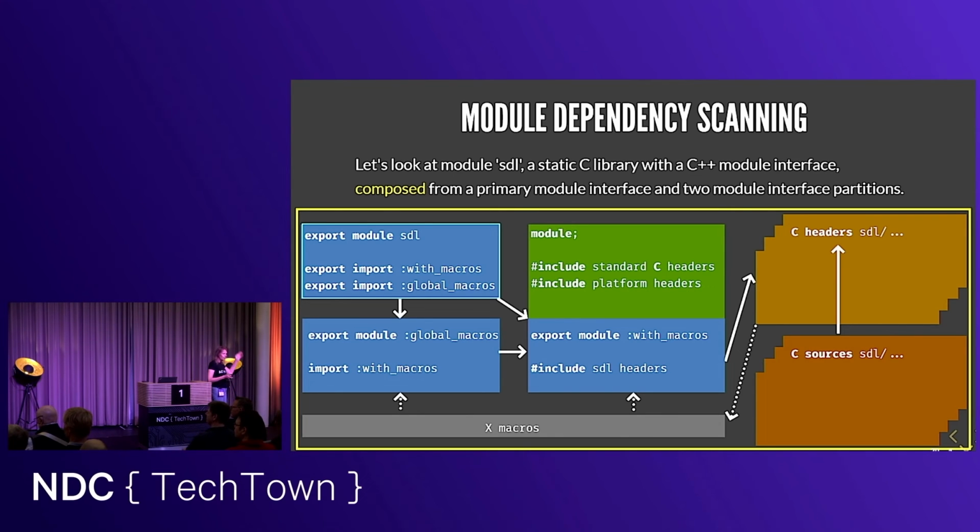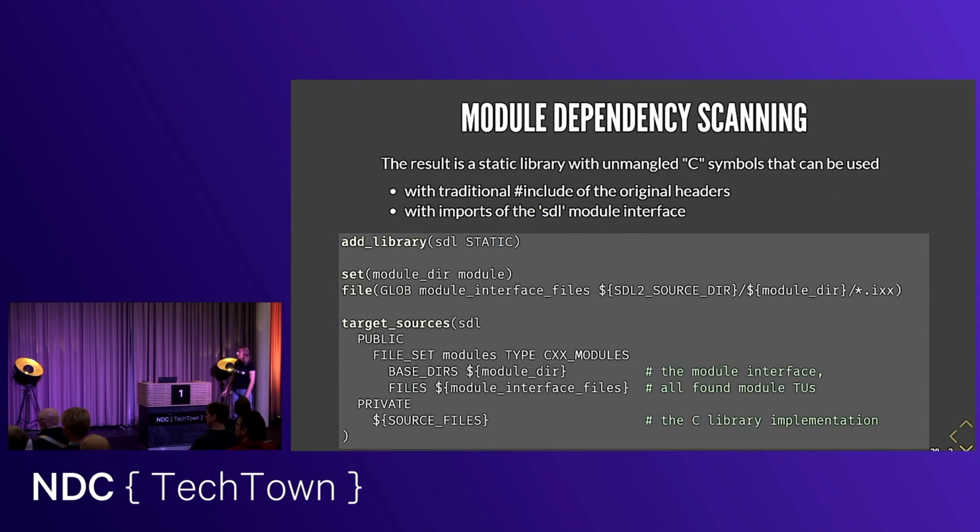It has to do with SDL being really macro heavy in its interface, so to get rid of all the macros that you can't export from named modules by using more macros. This is why the interface exports, imports the partitions, and you can see the highlighting. The one on the left is using the one on the right, and the one on the right is using the actual C headers.